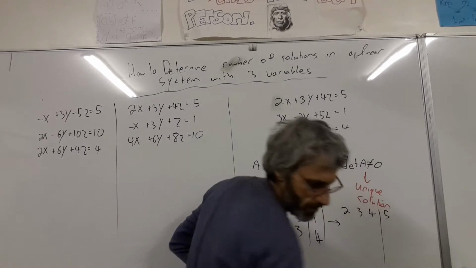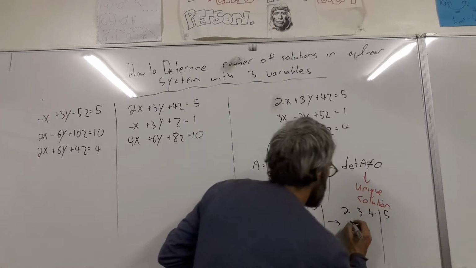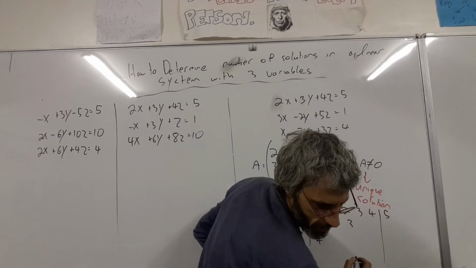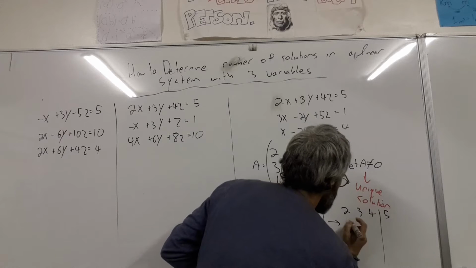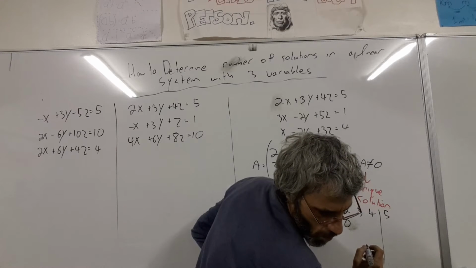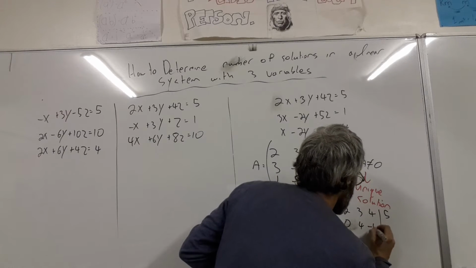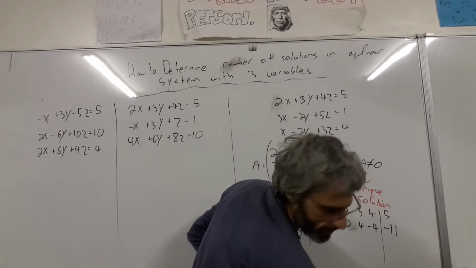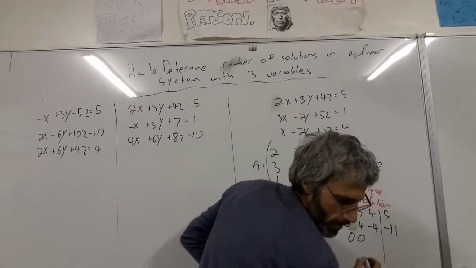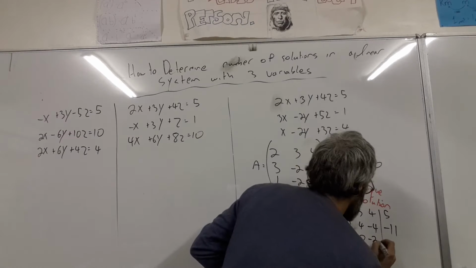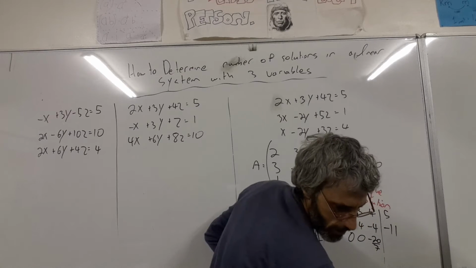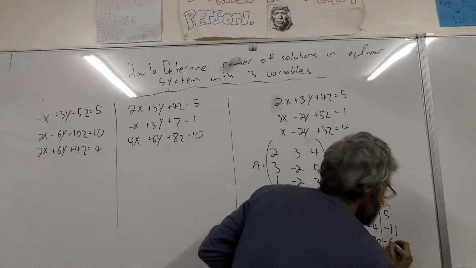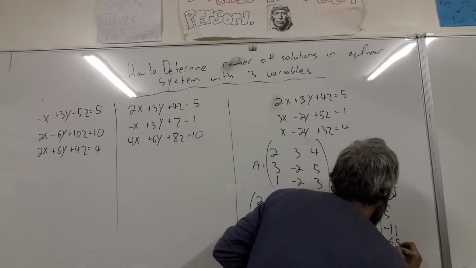So I got 2, 3, 4, 5. The first row is the same. Then I want the 0 there, obviously: 0, 4, minus 4, and minus 11. And then I had 0, 0, and minus 20 over 7, minus 65 over 7.